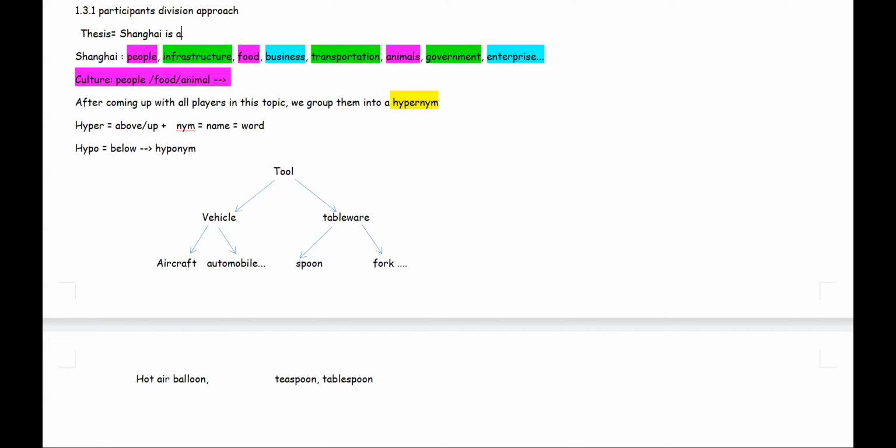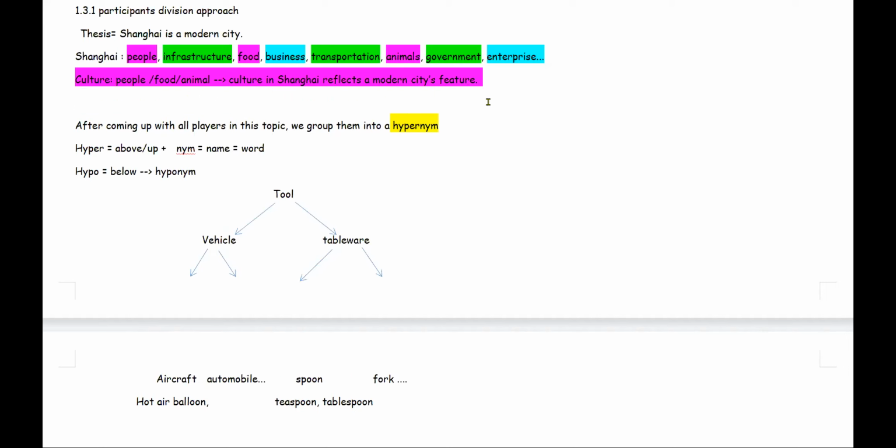So I will say culture in Shanghai reflects a modern city's feature, right? Feature.